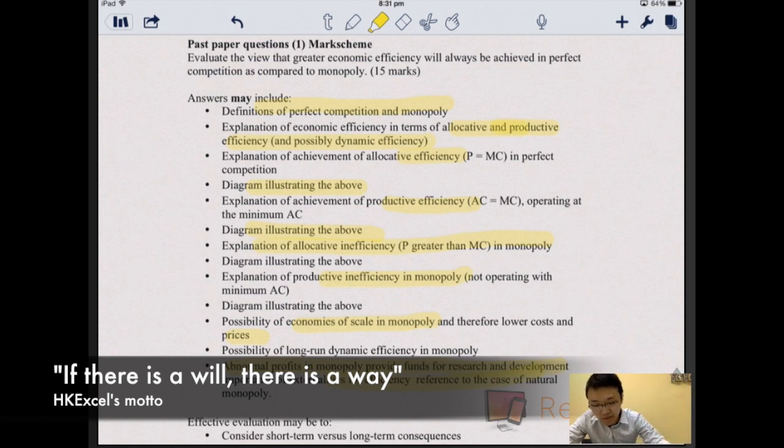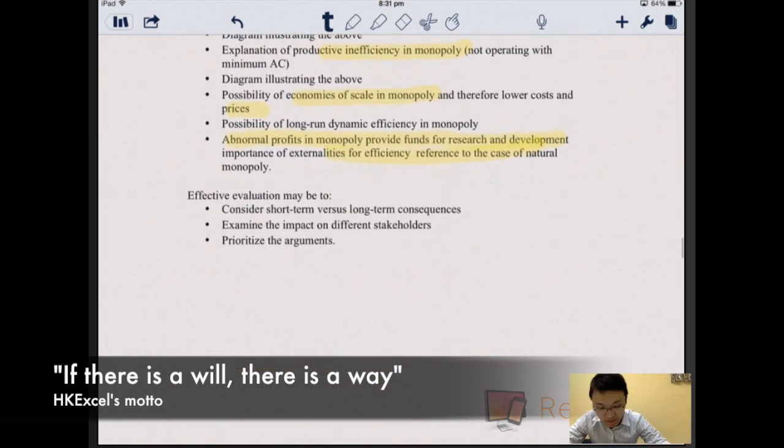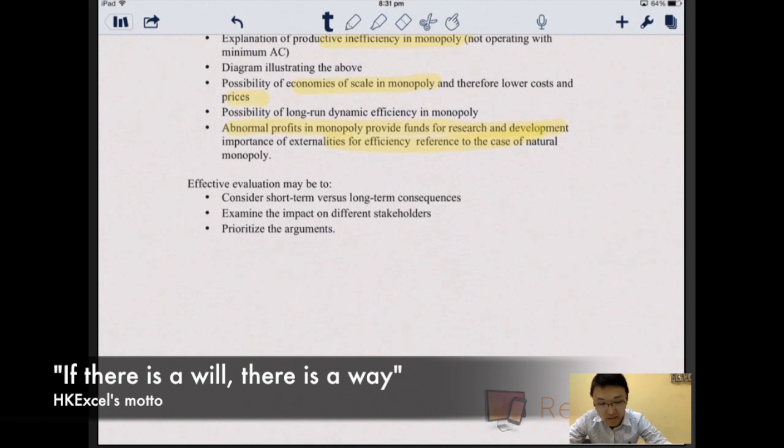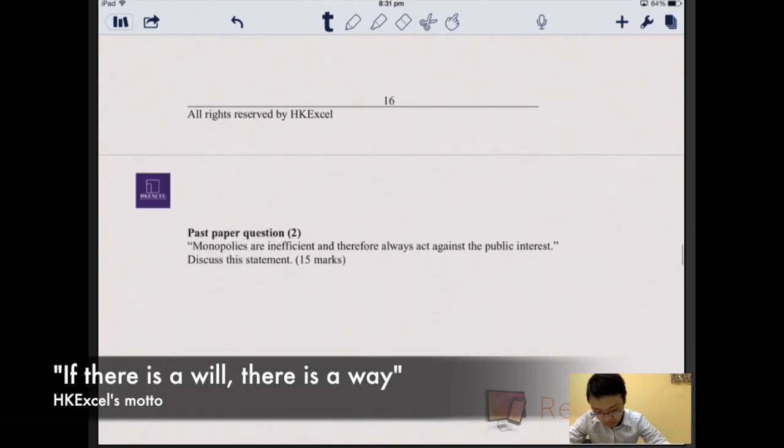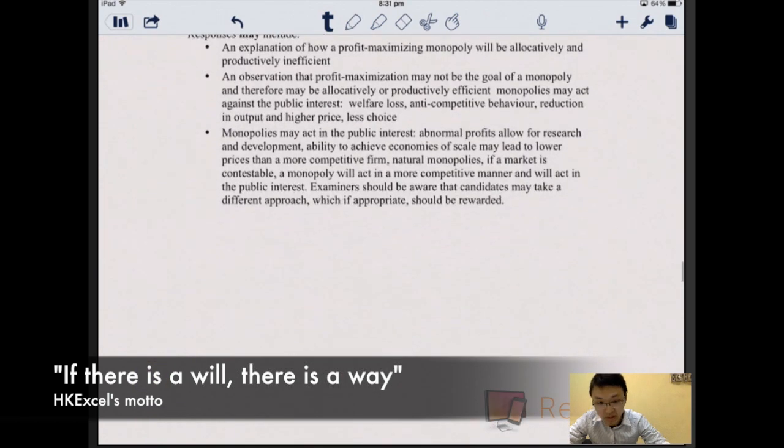So remember, what I said just now is that every essay is the same. So let me show you another example where you can apply the exact same method and write a level 7 essay as well. Okay, let me find a question.